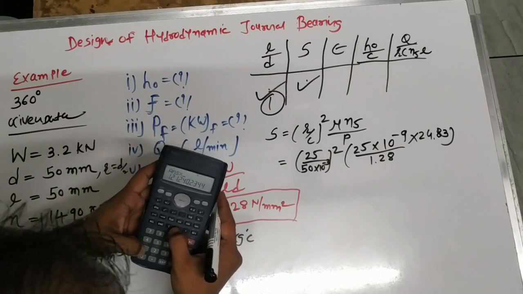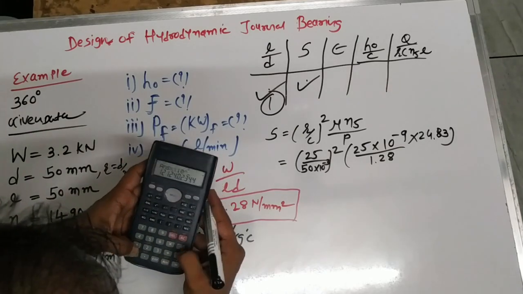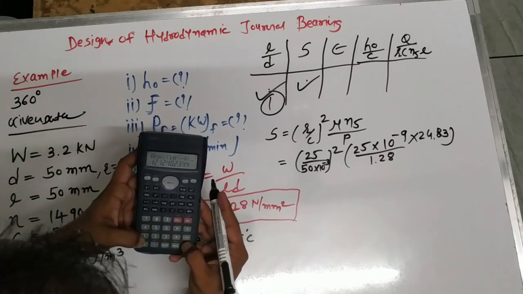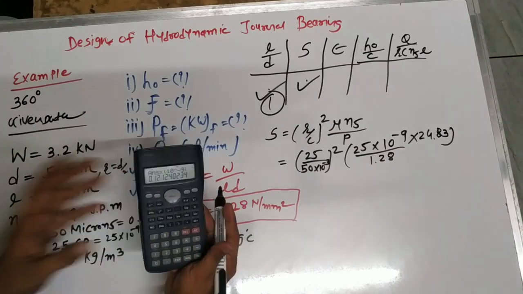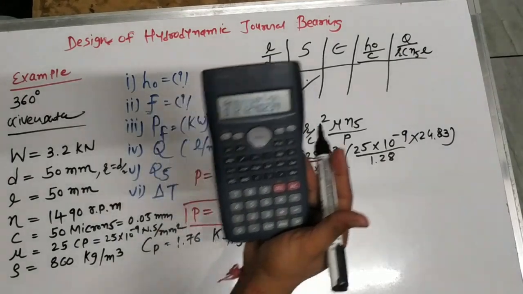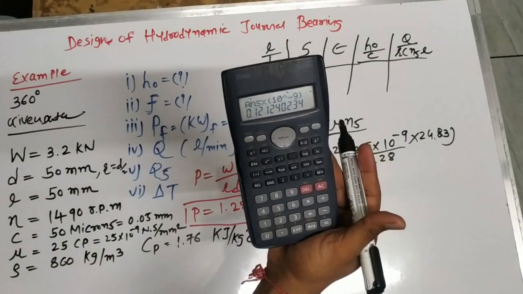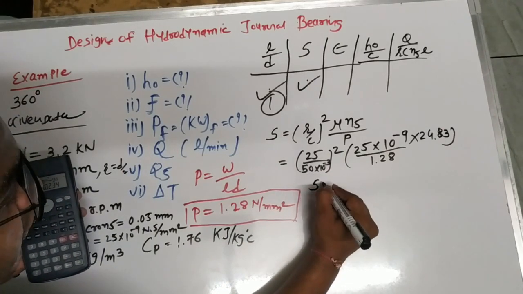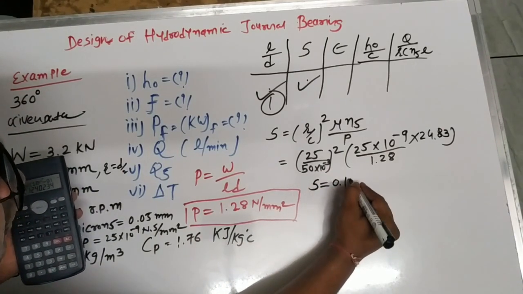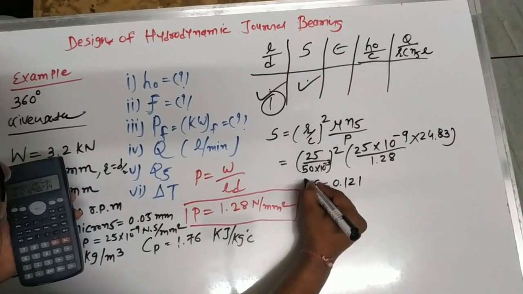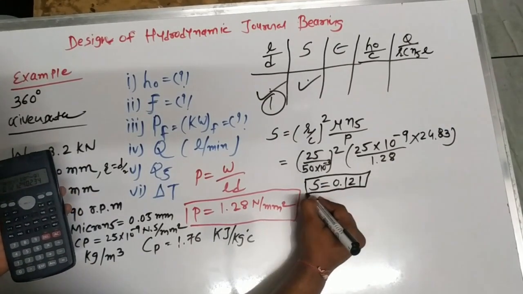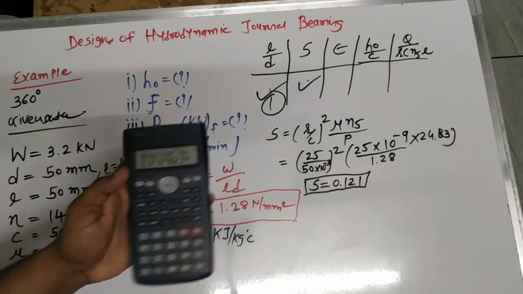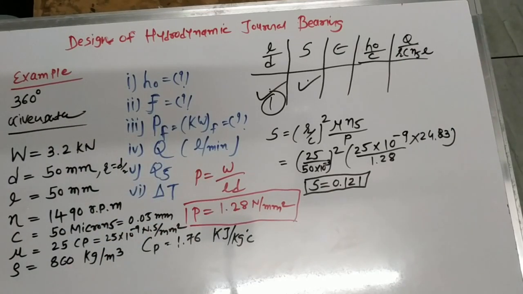So let's see the final outcome. The Sommerfeld number, as you can see here, is 0.121. That is the answer for the Sommerfeld number. That parameter is very important, because based on the L by D ratio and the Sommerfeld number, we can get the other remaining parameters.